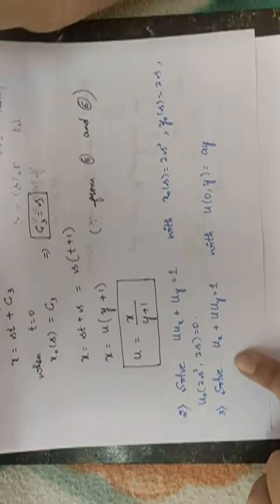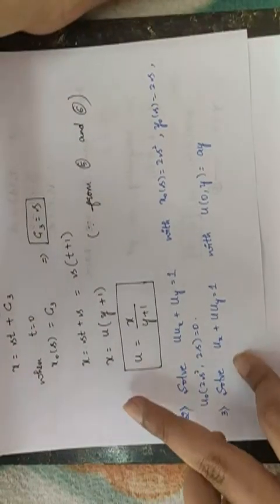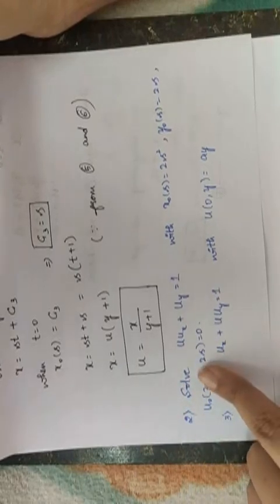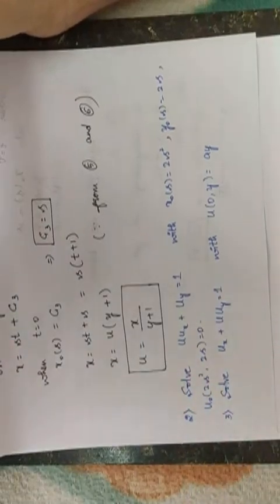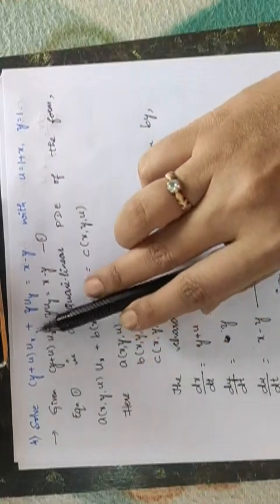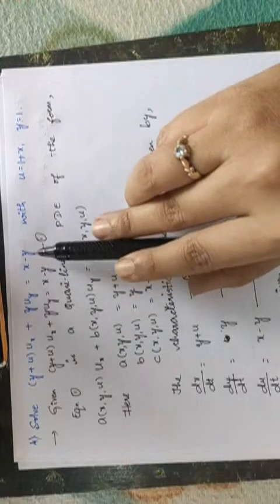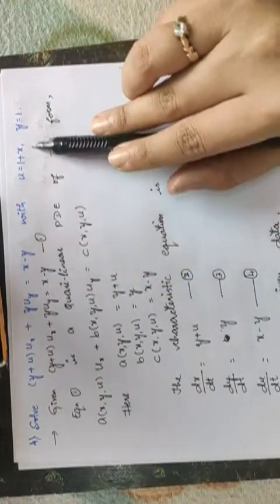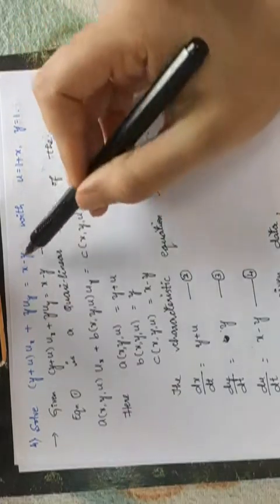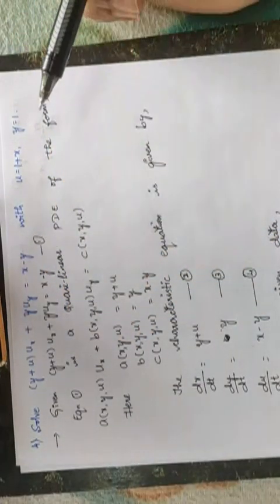Here I have mentioned two more problems which are very similar to your first problem. Try to solve them and consider this as an assignment. The next problem is: solve (y plus u) ux plus y into uy is equal to x minus y, with u is equal to 1 plus x when y is equal to 1. So this is the given quasi-linear partial differential equation.